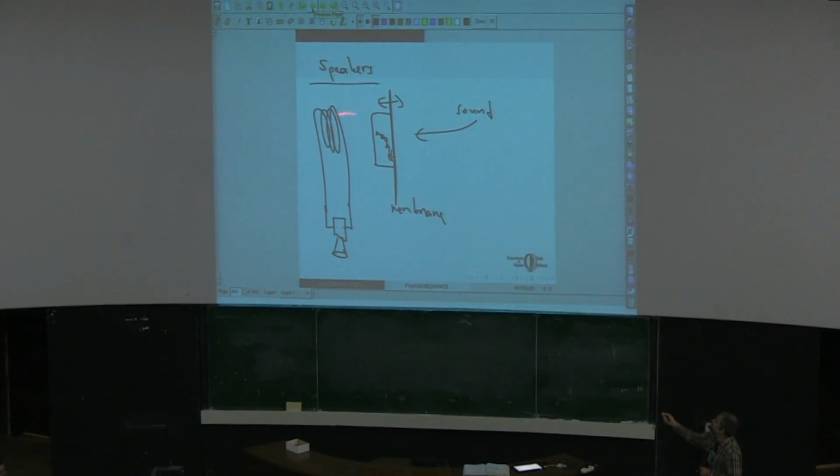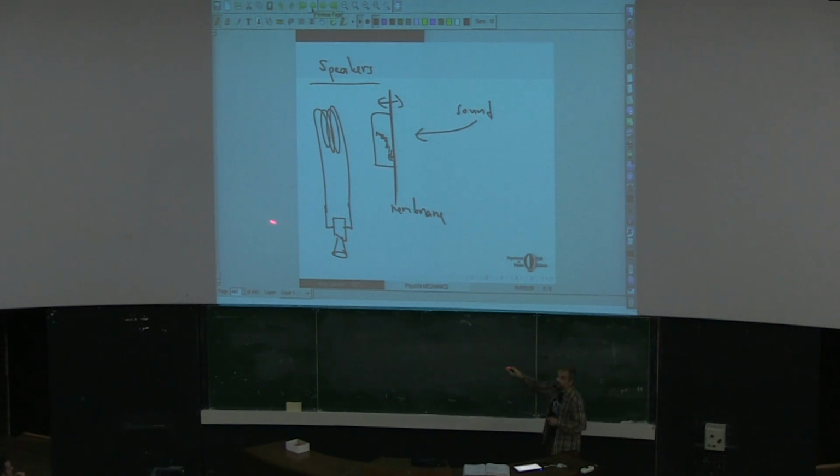Well, it will create a time-dependent flux in this solenoid, and its time dependence will be governed by the same frequency. That means the current induced in this circuit will have the same frequency as the sound wave that hits this membrane. So the frequency of the sound will be equal to the frequency of the current running in this circuit.